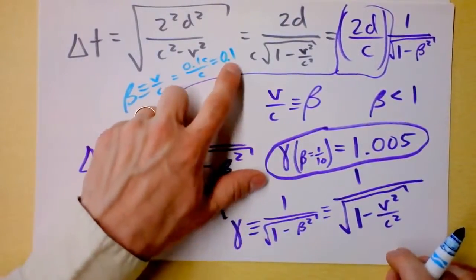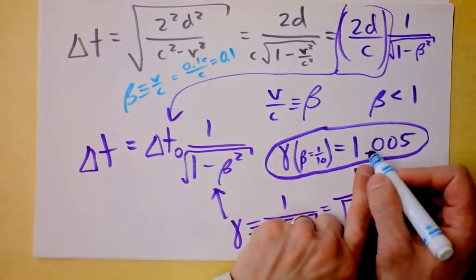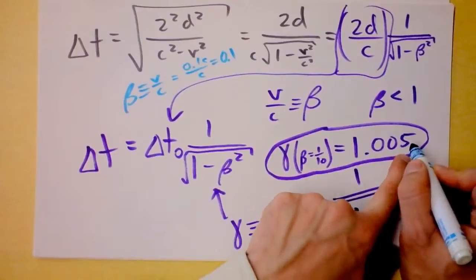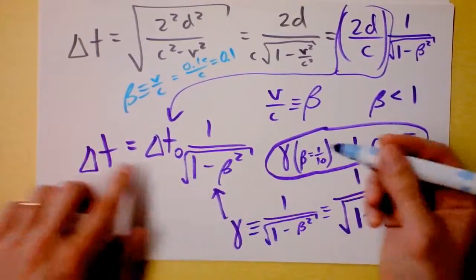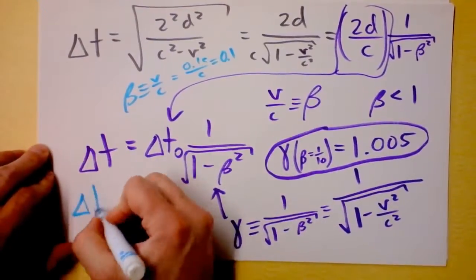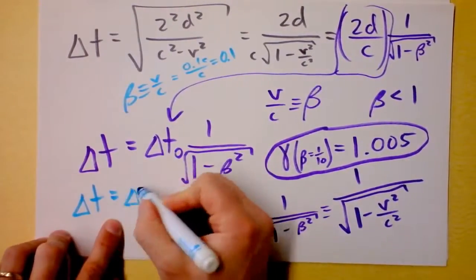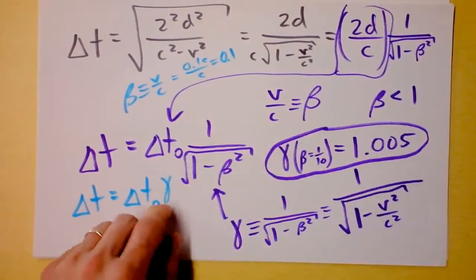It helps you get c out of your equations. So I'm plugging in beta is 1/10, and I find that there's only a 0.5% change. Dang, only a 0.5% change in the amount of time that these people observe, because this says the time that the stationary observer sees is his own time multiplied by gamma.